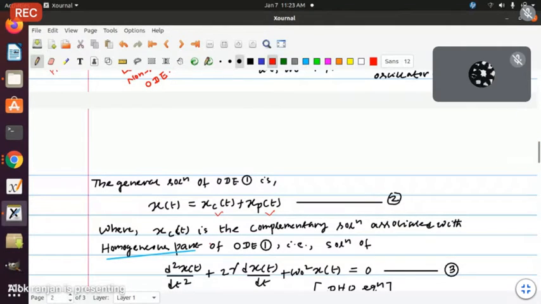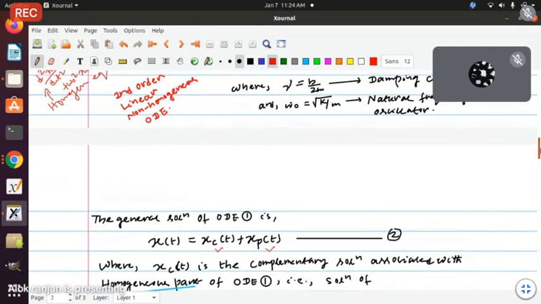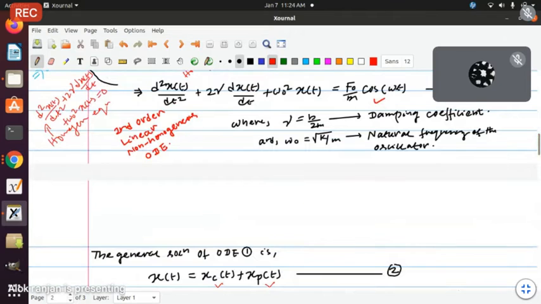This complementary solution is nothing but the solution of the homogeneous part of the ordinary differential equation 1. When you talk about the homogeneous part of this non-homogeneous equation, which is represented by equation 1, what does it mean? That means we'll make the right hand side 0.